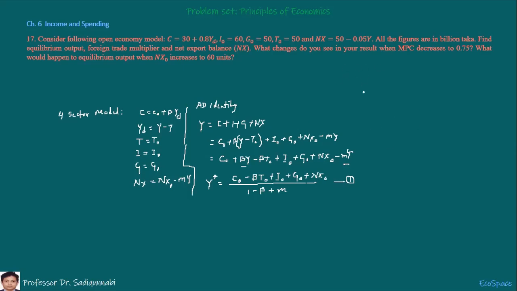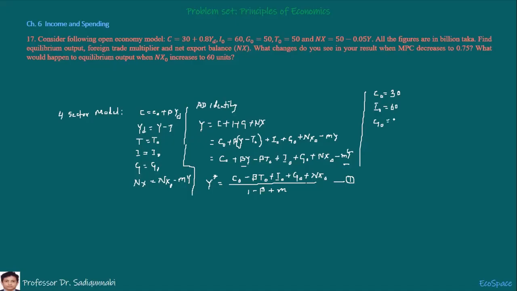And we are given here C naught equals 30. I naught equals 60.